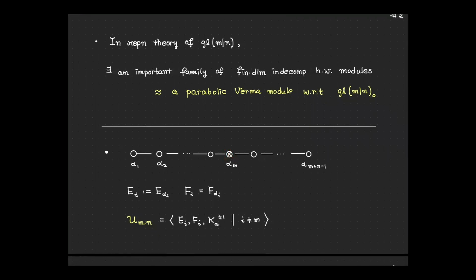Then if we erase that simple root from our Dynkin diagram, we have a disjoint union of two Dynkin diagrams of finite type A. So we consider the subalgebra, say U_q(l_{m,n}), which is generated by the same Cartan part and the Chevalley generators corresponding to our maximal Levi subalgebra with two disjoint type A.